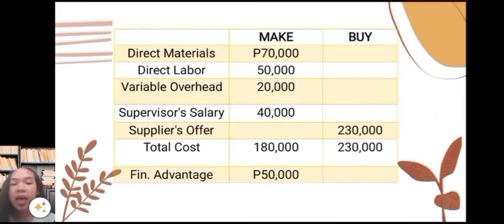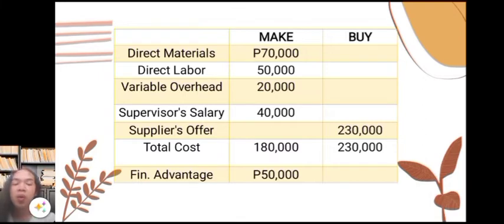So we have here the final cost, the direct materials, direct labor, variable overhead, supervisor's salary. Itong items lang na ito, yung mga relevant costs. So they have the total cost of 180,000 for 10,000 units. And then yung offer ng outside supplier is 230,000 pesos.